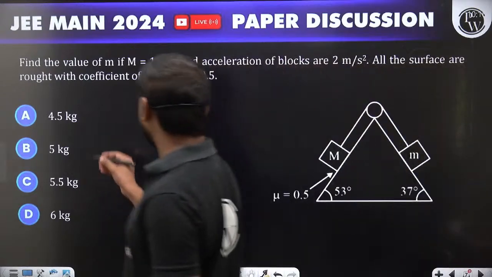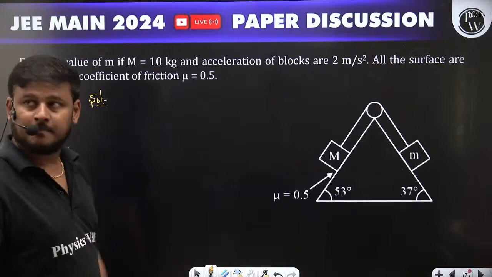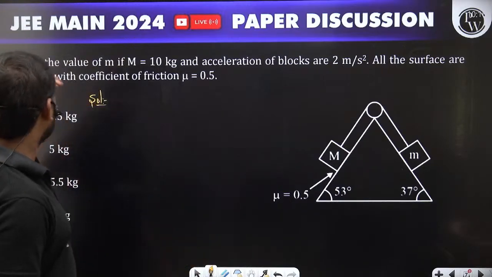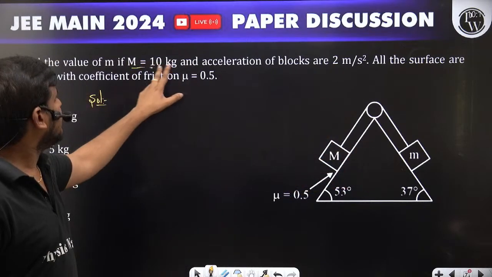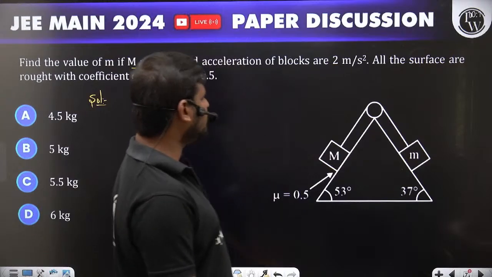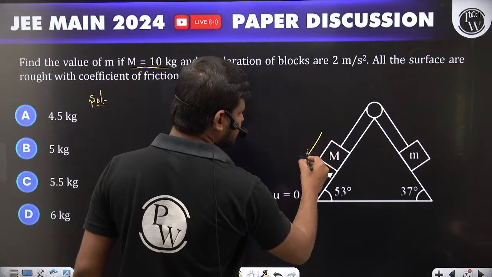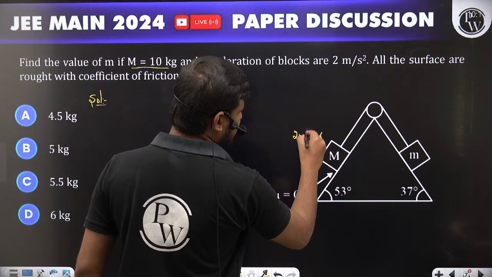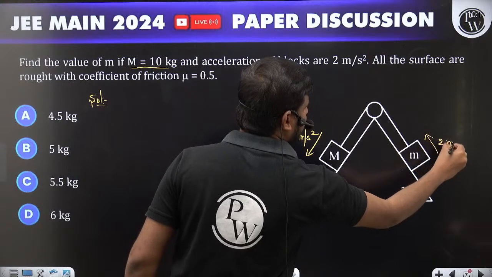Another question which is from the NLM and friction concept. Here find the value of small m if capital M is 10 kg and acceleration of blocks is 2 meter per second square. Here the more inclined side is this side, so this is 2 meter per second square, and it also accelerates upward 2 meter per second square.